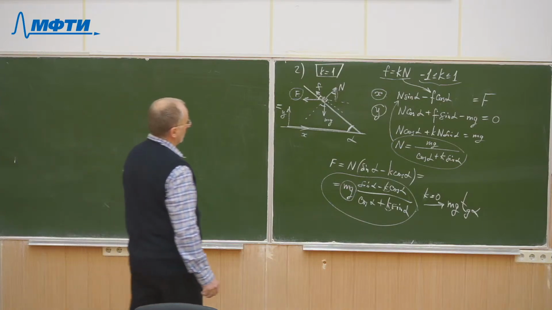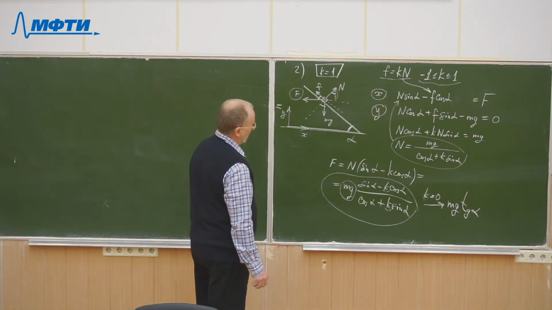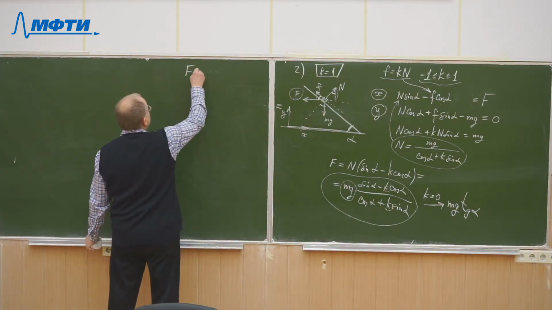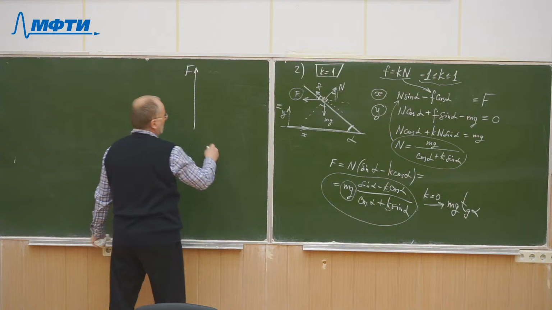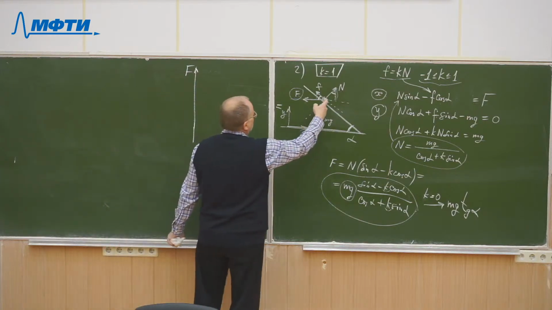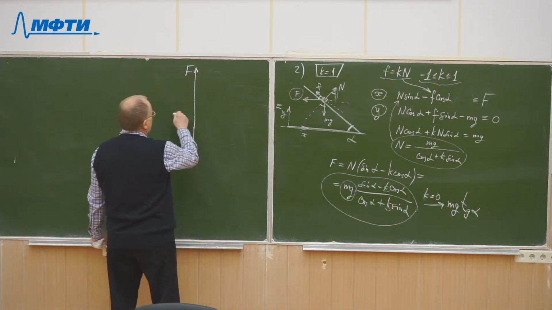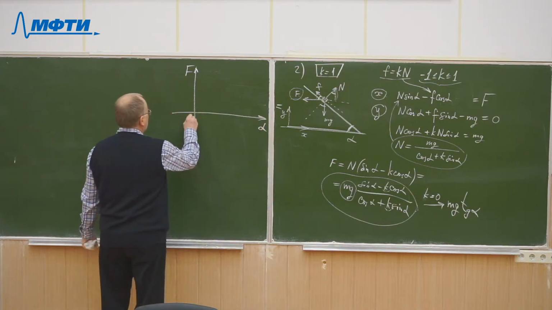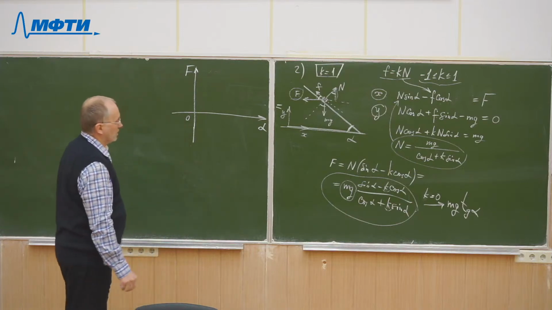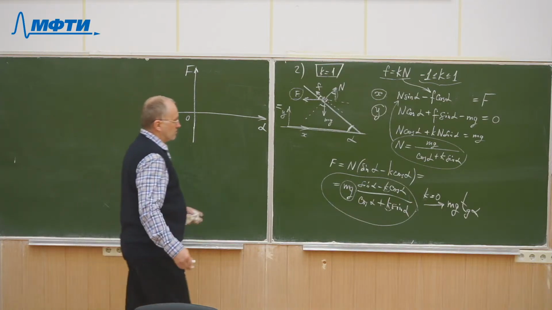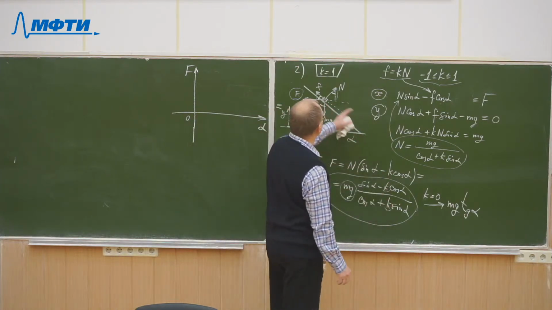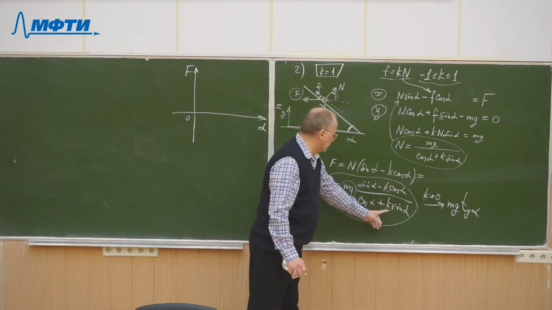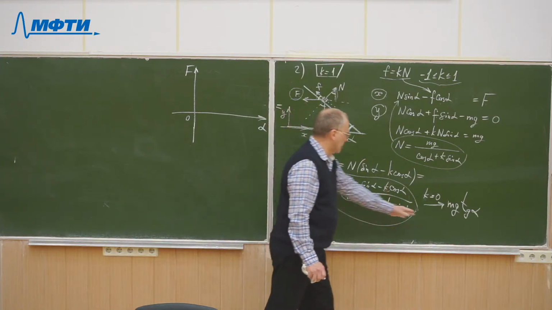If you try to draw a graph of the force necessary to support this body at rest as a function of alpha, then if some coefficient of friction is present, you see that if the coefficient of friction is 0, yes, we obtain the result.